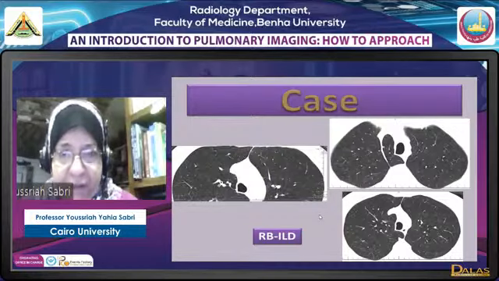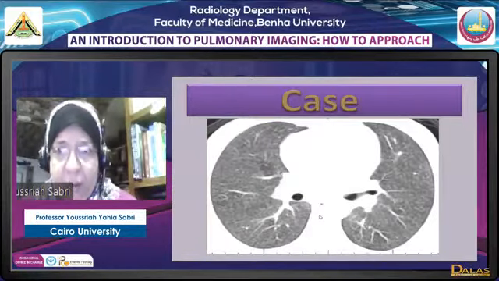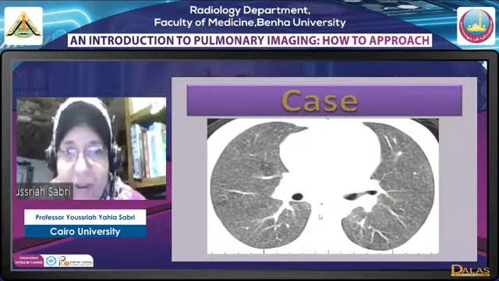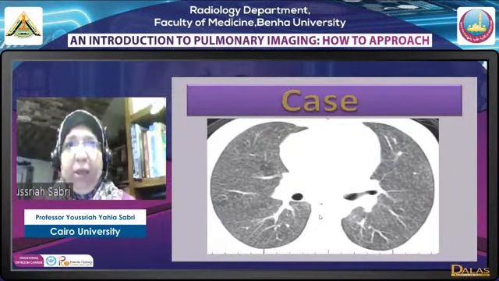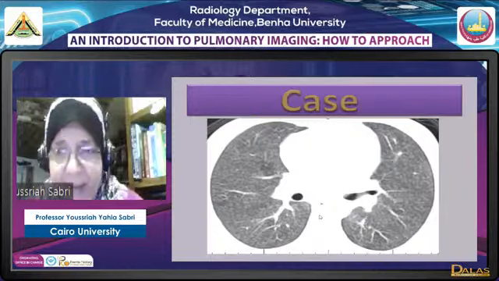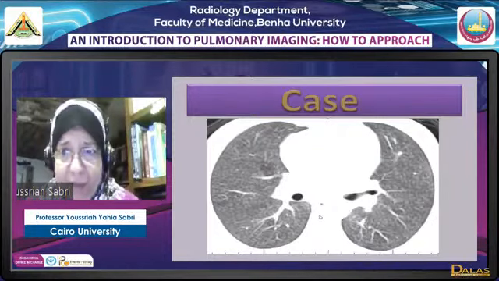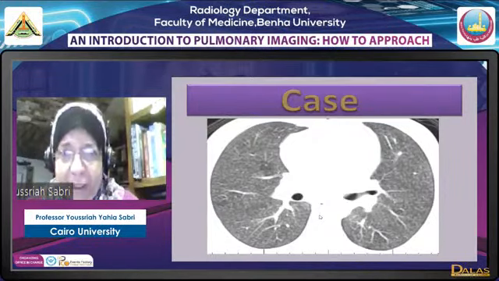Another appearance of centrilobular nodules you see here. Numerous centrilobular nodules that will make us mistake them for the miliary pattern. How can we differentiate? I'll tell you now. In the miliary pattern, we use the word random nodules.